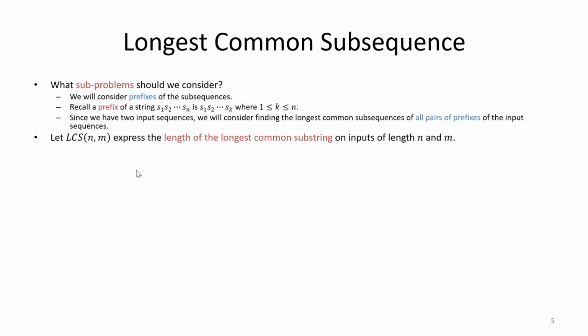But we need to come up with a self-reduction now, so I'm just going to use this simple notation here, LCS, longest common subsequence, of n and m, where n will be the length of my first sequence A, m is the length of my second sequence B, and then we can modify those variables to shorten my sequence if I want to consider shorter sequences, cutting off characters at the end of each sequence.